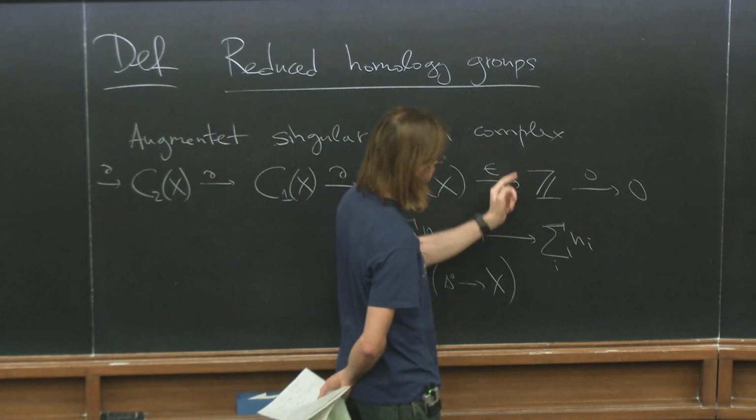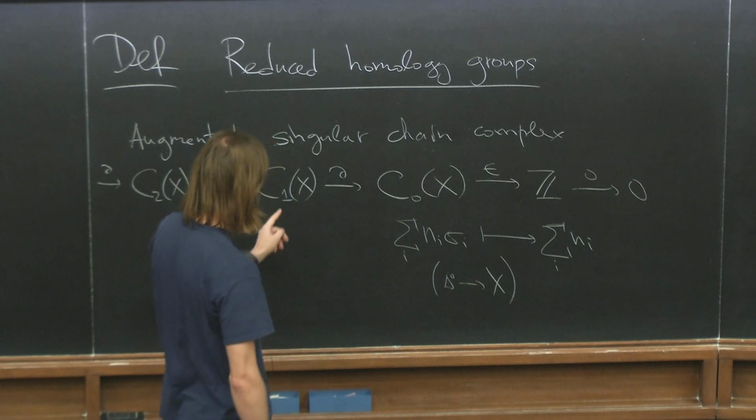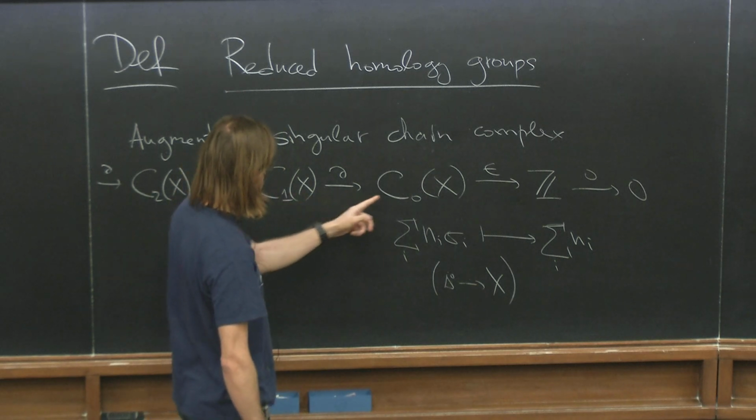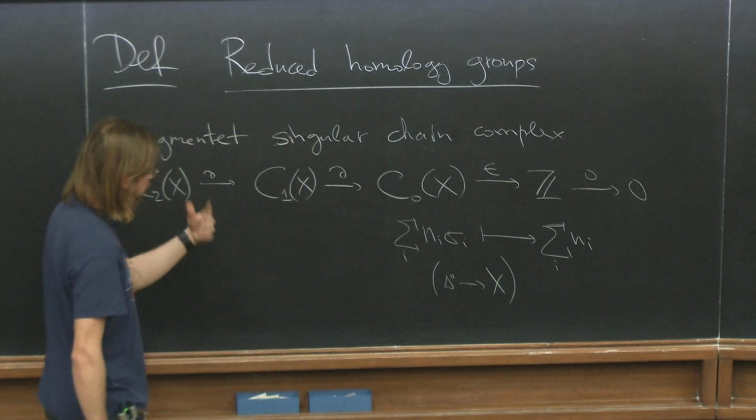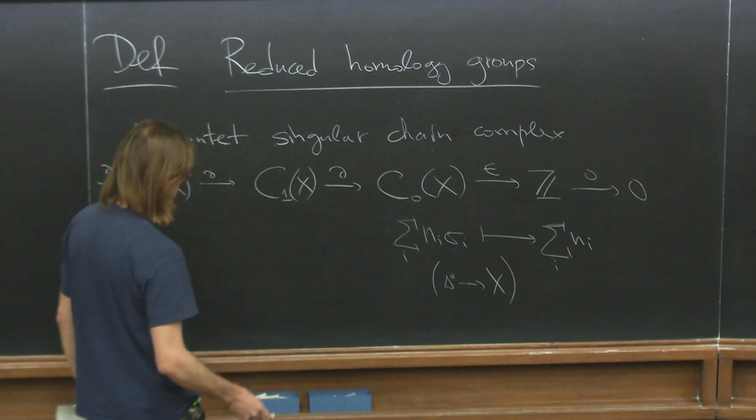This is obviously true at one place because the kernel is everything, and it is still true here because, as you remember from the proof of the statement about H0 of a path-connected topological space.